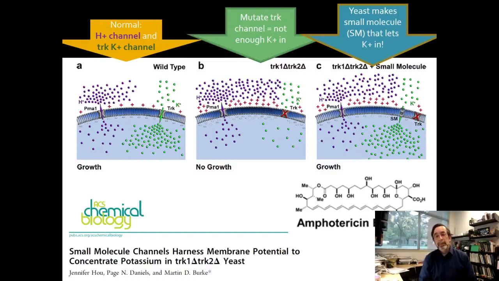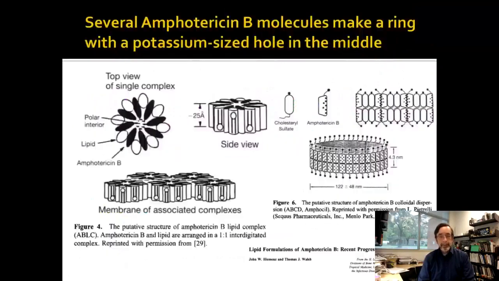This is kind of a cool experiment. You mutate the potassium channel away, then you replace it with this small molecule that makes its own potassium channel that allows the cell to grow and to thrive. The thing about the amphotericin B molecules is they make a ring, and it's got a potassium-sized hole in the middle. In fact, we've got the structure of that ring figured out right now.